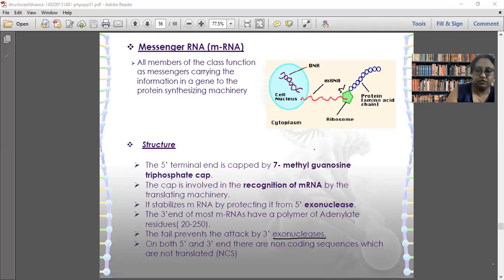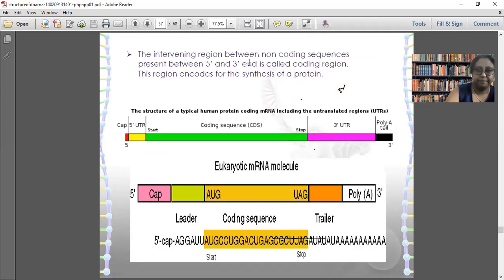Let's have a look into the other types of RNA. When actually the DNA part is getting copied into messenger RNA, this is how the process takes place.